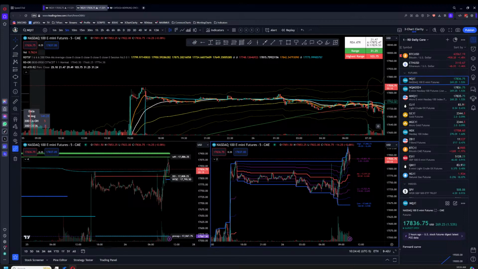Hard to say here. It's going to try to impulse up past the indicators here.